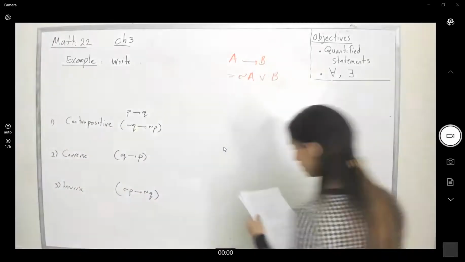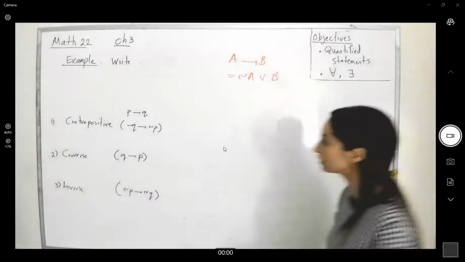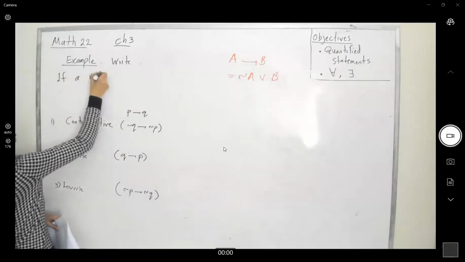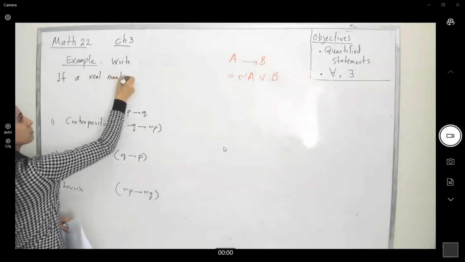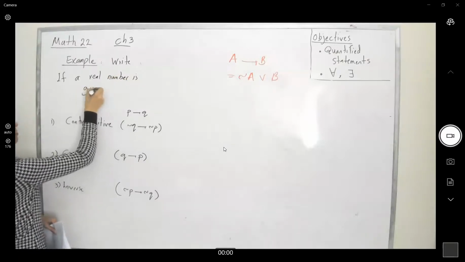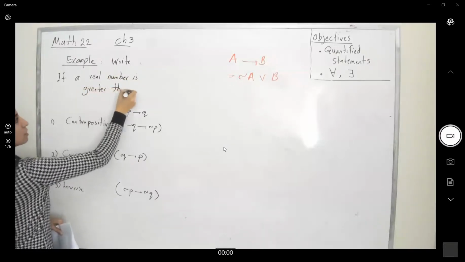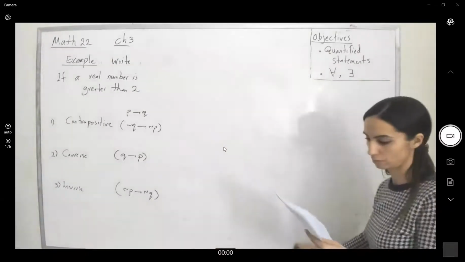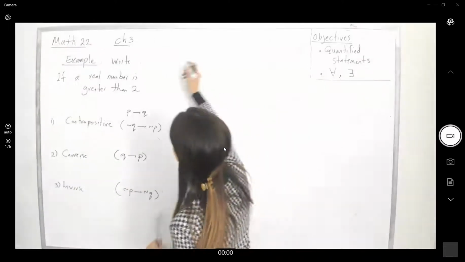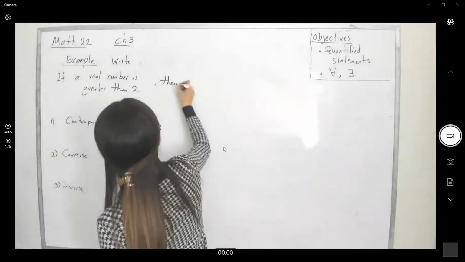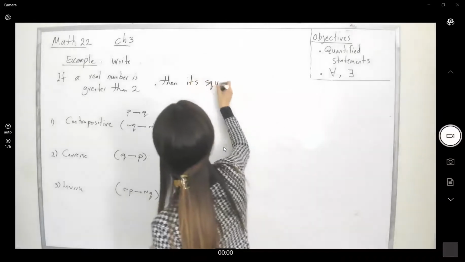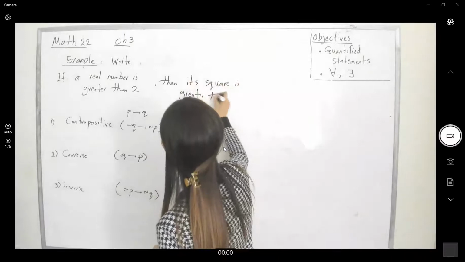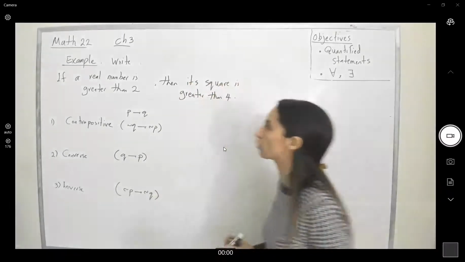So what is the statement? The statement says: if a real number is greater than 2, so this is our hypothesis, then its square is greater than 4.